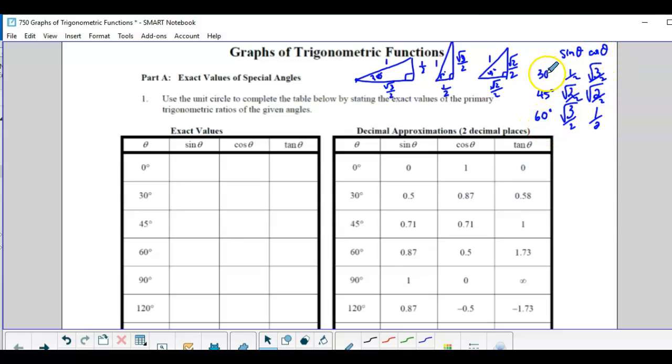Then cos of 30 is root 3 over 2, cos of 45 is root 2 over 2, cos of 60 is 1/2. And then remember your tan is the sine value over the cosine. So 1 over root 3, and then rationalized is root 3 over 3. So they'll just put a t there, and this would be 1, and this would be root 3.